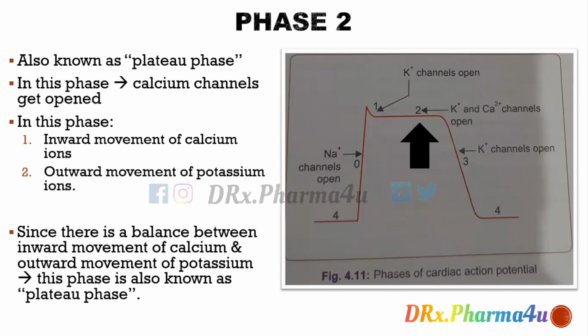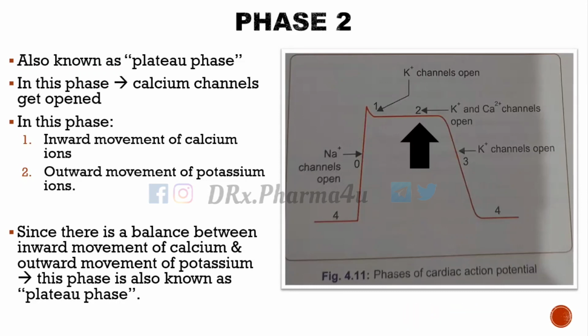as plateau phase. So you can understand that very easily when you go to a shop and you want to get half kg of sugar or something. So on the other side, there will be a weight of 500 gram, and on the other side, there will be 500 gram sugar. So if it is in the balance, then the weighing balance will also show the positive balance.